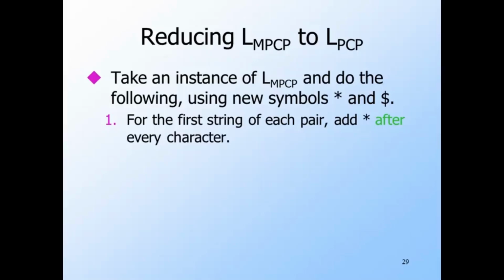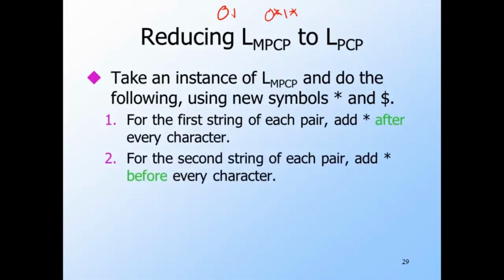So, for example, 0, 1 becomes 0 star 1 star. And for X, the second string of the pair, we instead add a star before every character. So, for example, 1, 1 becomes star 1 star 1.